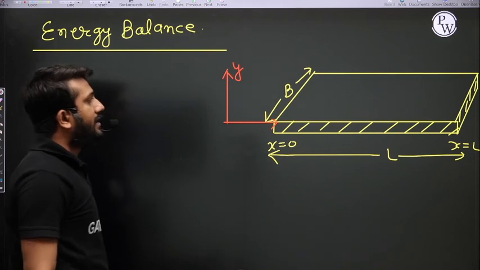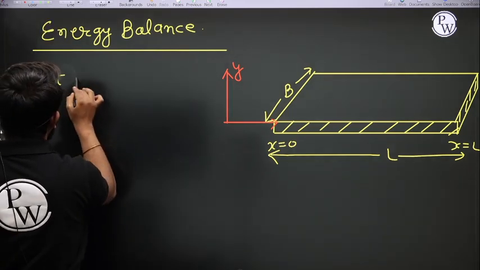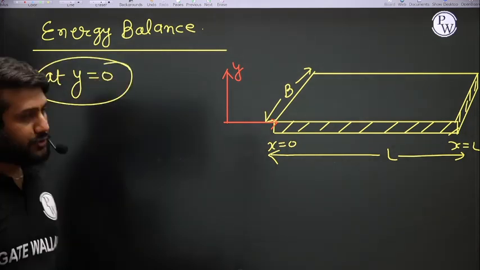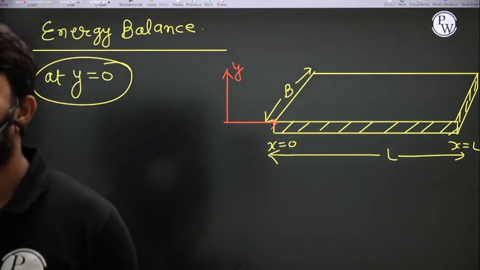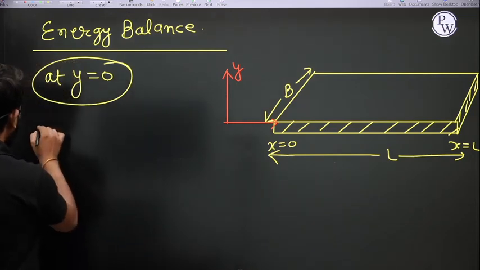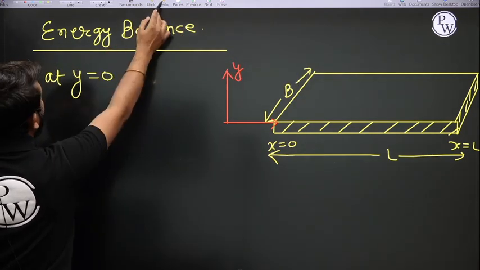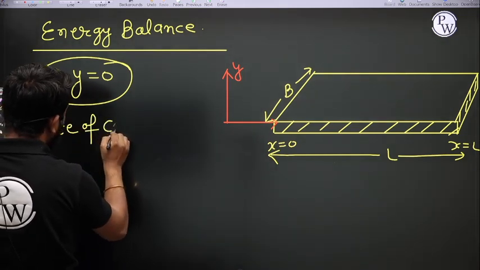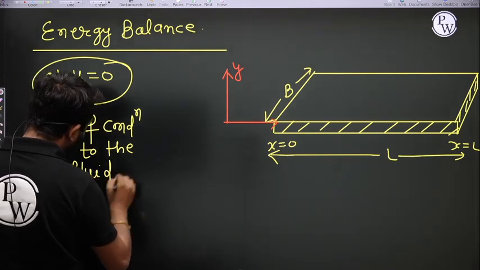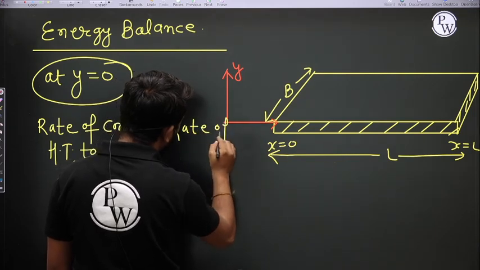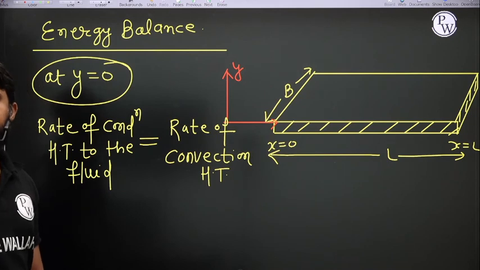If I want to apply the energy balance at y is equal to 0, can I say that at y is equal to 0, the rate of conduction heat transfer to the fluid is equal to the rate of convection heat transfer? Yes, sir, we can say. At y is equal to 0, the rate of conduction heat transfer to the fluid is equal to the rate of convection heat transfer.